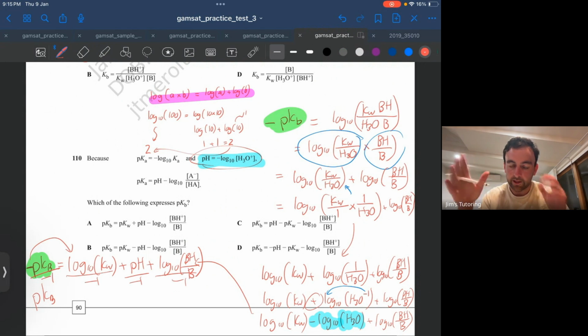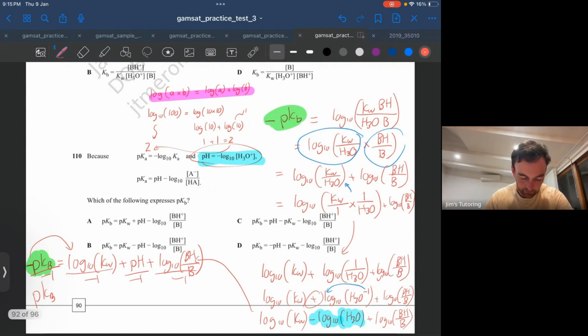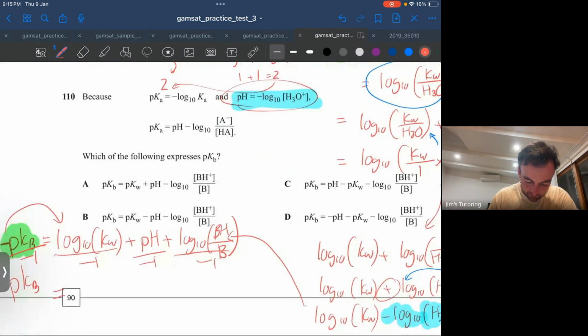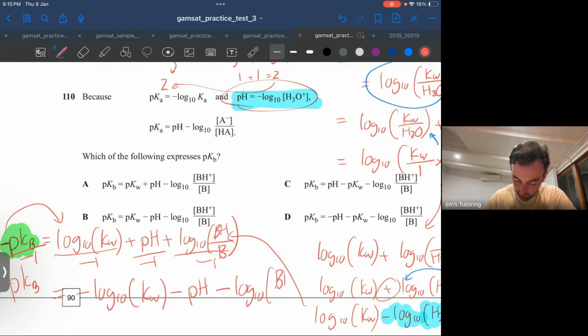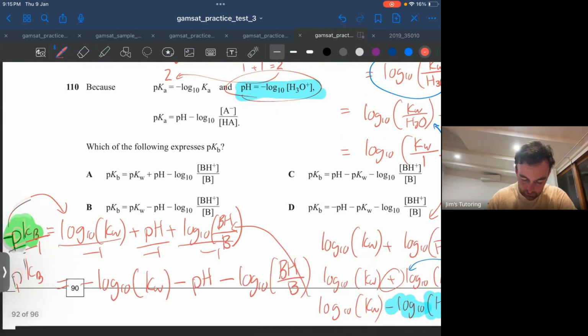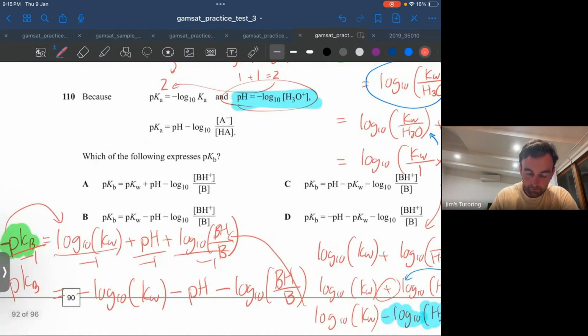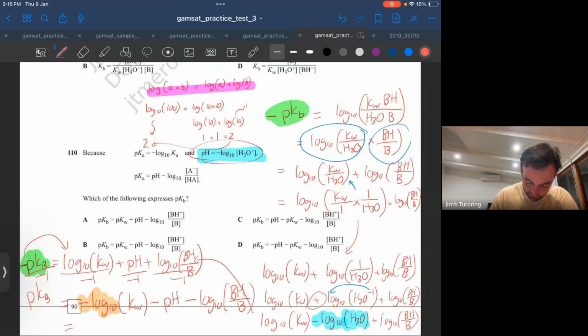So that's how, if you're adding things, you need to do it to all of the terms. So pKb now becomes negative log 10 of KW minus pH minus log 10 of BH over B. And then again, I'm spotting that pattern of negative log 10 becoming a p. So that's going to become pKw minus pH minus log 10 of BH over B.